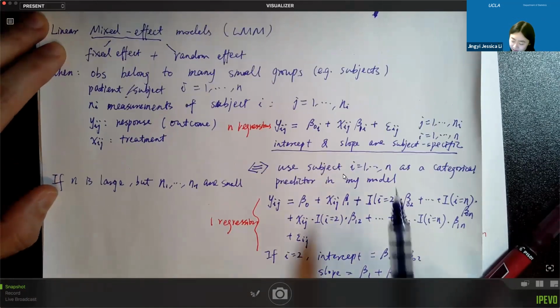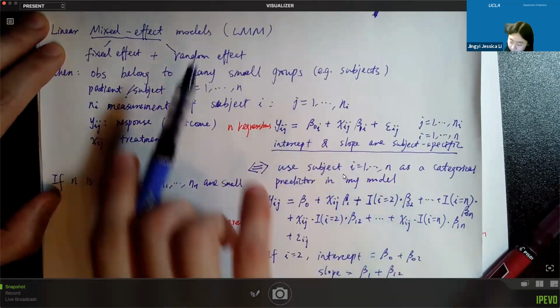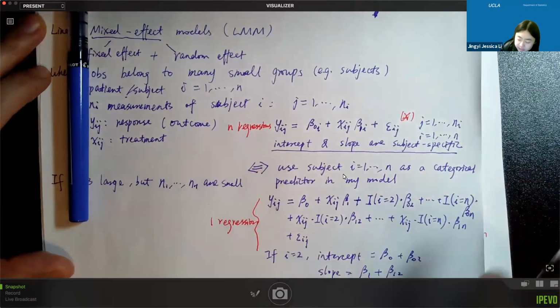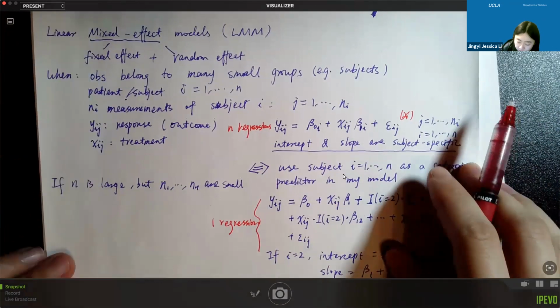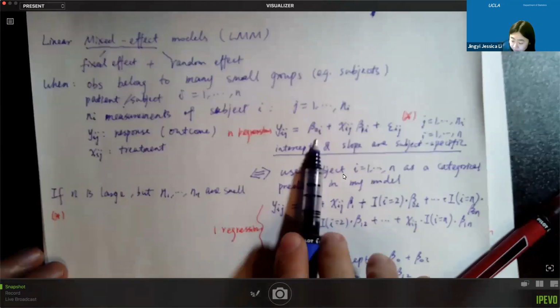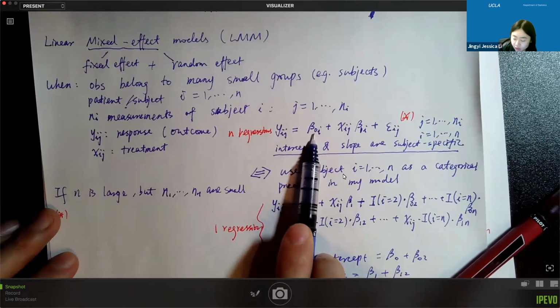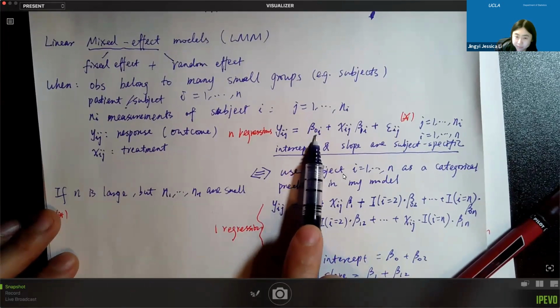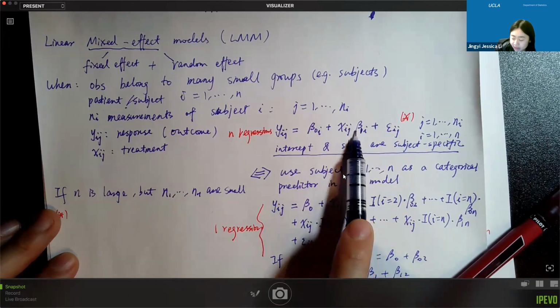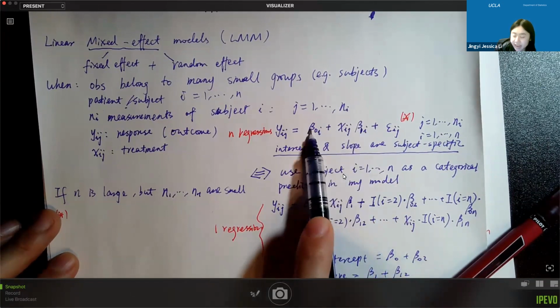So still, let's take a look at this formula. Essentially, how many parameters do we have? We have beta 01 to beta 0n, n intercepts, and beta 11 to beta 1n, n slopes.